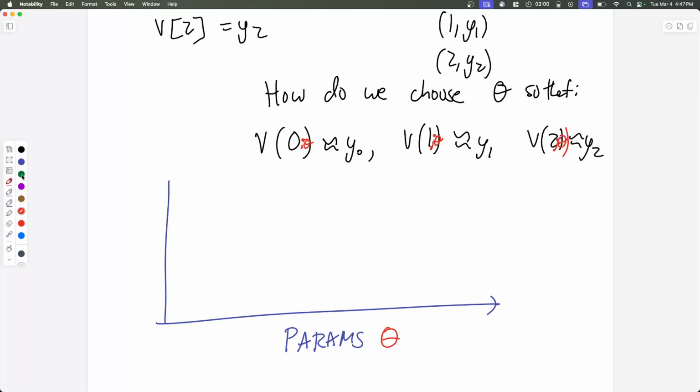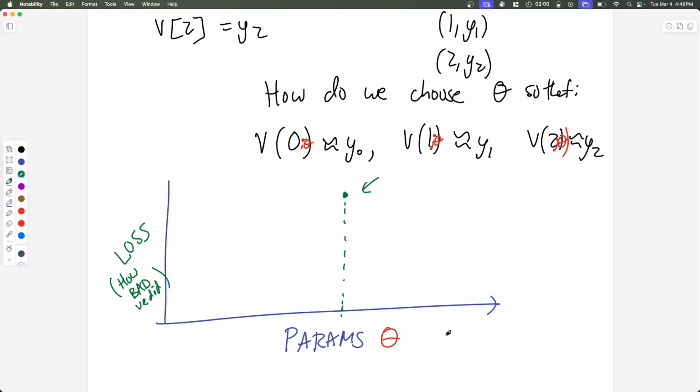And on the y-axis, I'm going to plot the loss. The loss is like how close we are, how bad we did, right? So we want to make the loss smaller, and for every value of the parameters, we have some loss, right? So when the parameters are set a certain way, we can figure out what the loss is.